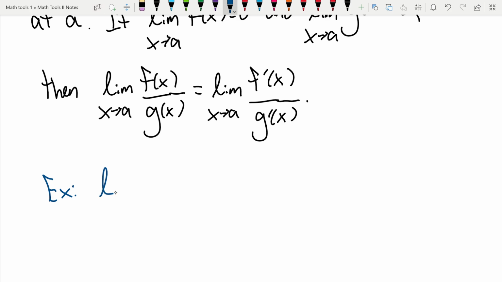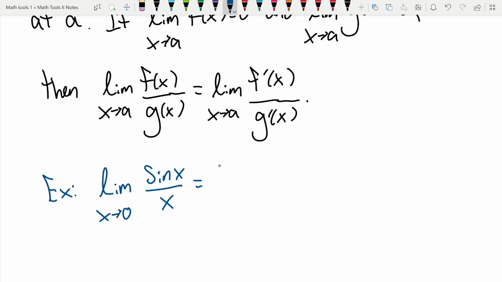One of the most common examples for this is the sine of x over x example. In Math Tools 1, we looked at how to show this using the squeeze theorem, I believe, or at least the outline of it. But it's actually a lot easier to do it with L'Hopital's rule.